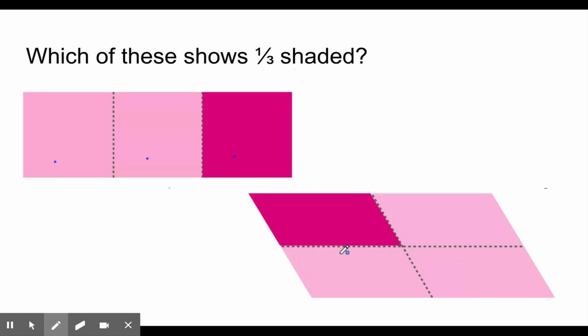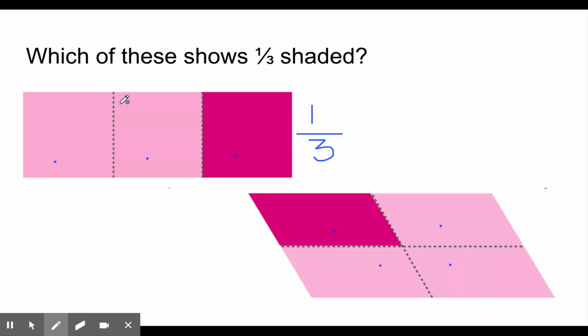Let's make sure this one doesn't. 1, 2, 3, 4. So on the bottom of this fraction, we would have 3. And this is shaded in just one of them, so it would be 1/3.